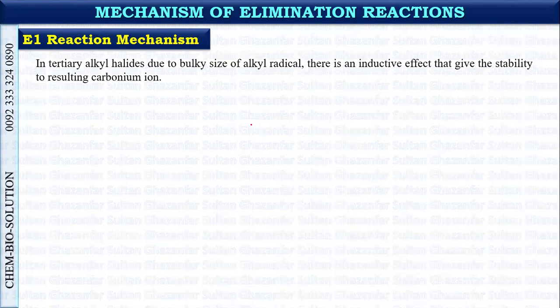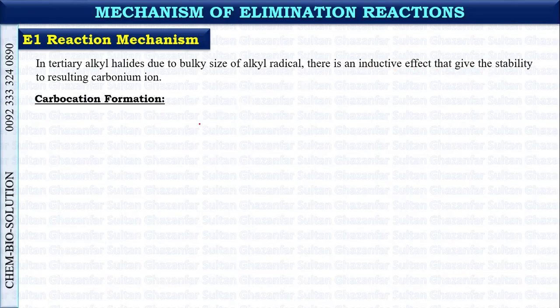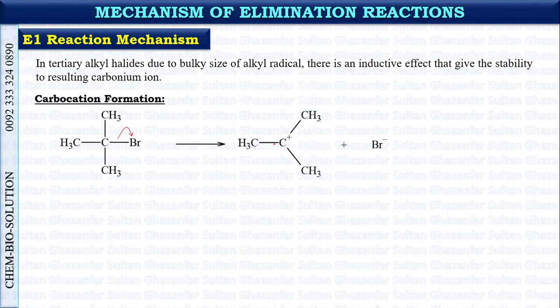Now see the mechanism of the E1 reaction. In tertiary alkyl halide, due to the bulky size of alkyl radical, there is an inductive effect, that is the electron donating effect, that gives stability to the resulting carbocation. So you can see here, first the halide is removed automatically, and then a carbocation is formed.